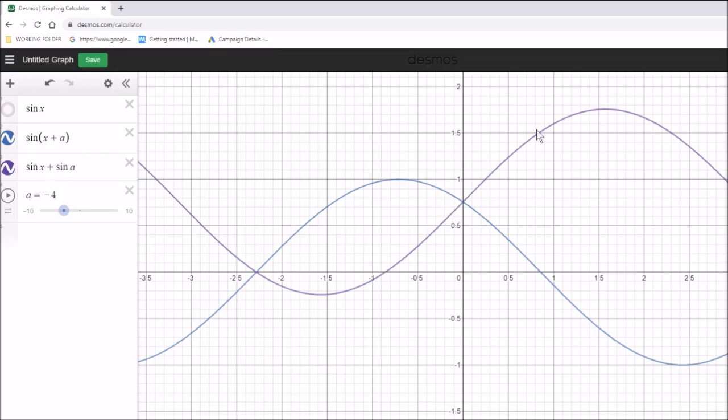This function here is not the same as that function. So whenever we work out this sine of x plus a, this is not the answer. What we are interested in is what new function gets generated when we add or subtract some value at some other angle. And we're interested in doing that for both the sine function and the cosine function.